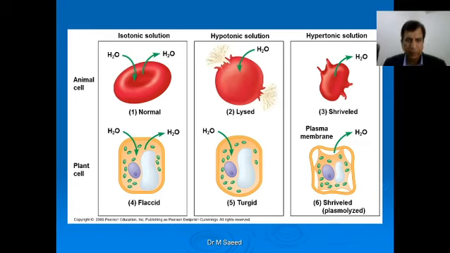So in 0.9% sodium chloride solution, RBCs maintain their normal shape. In hypotonic solution, they swell up or even are lysed. In hypertonic solution, they shrivel or shrink. This is the effect of hypotonic and hypertonic solutions on the cell.